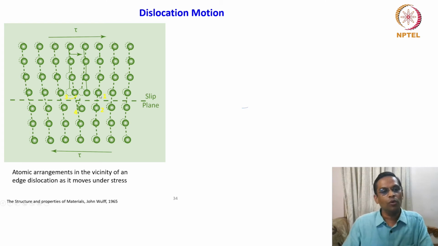If you look at atom 1 and its reaction to this shear stress, the shear stress will try to move it away from its position. But at the same time, atoms 2 and 4 will try to move in the opposite direction, getting closer to equilibrium position.